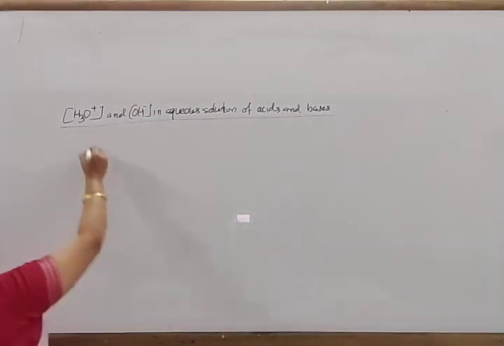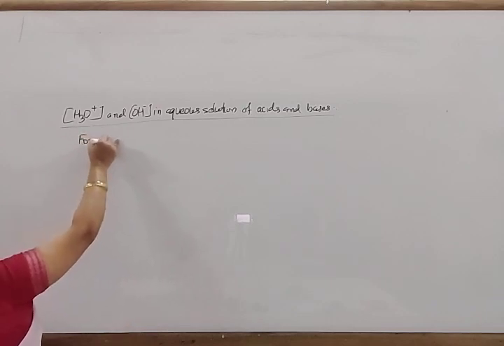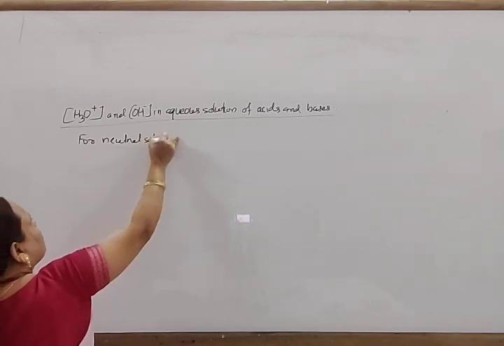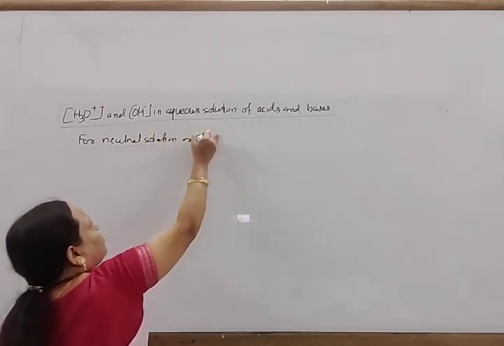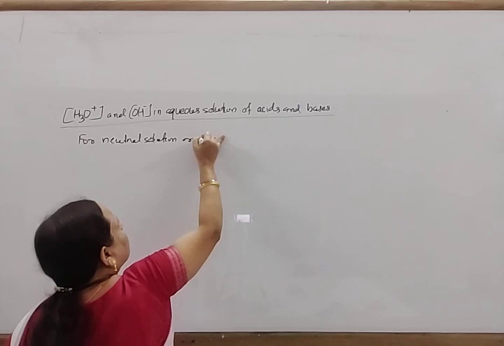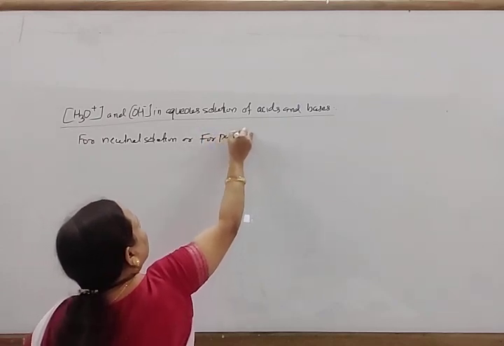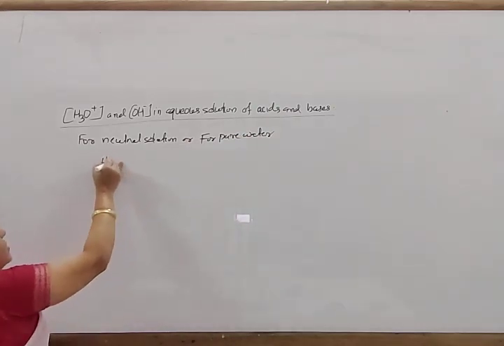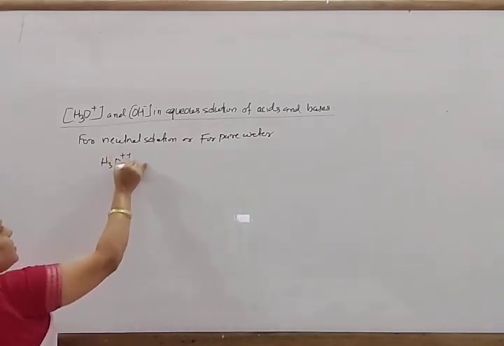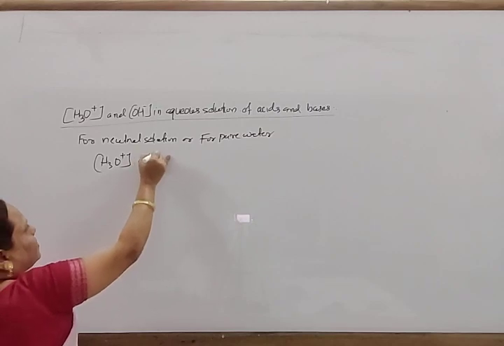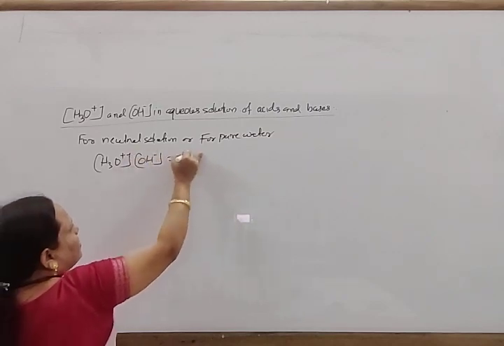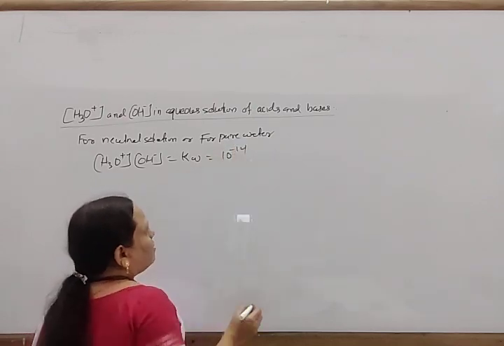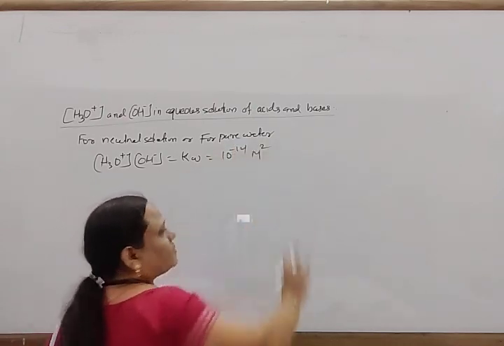So we know for a neutral solution or for pure water, the H3O plus concentration into the OH minus concentration is equal to Kw, and that is equal to 10 to the power minus 14 mole square per liter square.